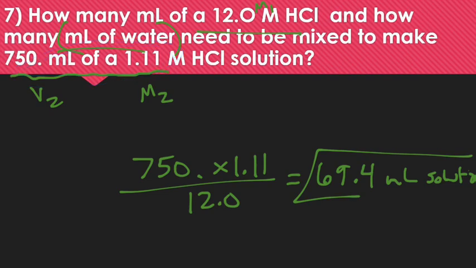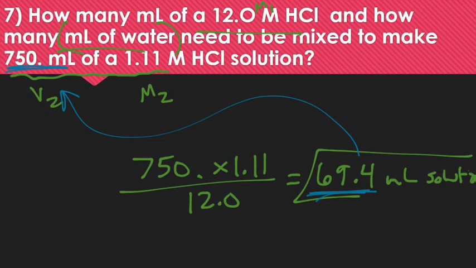But keep in mind, we're only starting with 69.4 milliliters of solution, and we're going to be making that into a 750 milliliter solution. And the only difference between these two volumes, our V1 and our V2, is that added water that we're using to dilute the original solution.